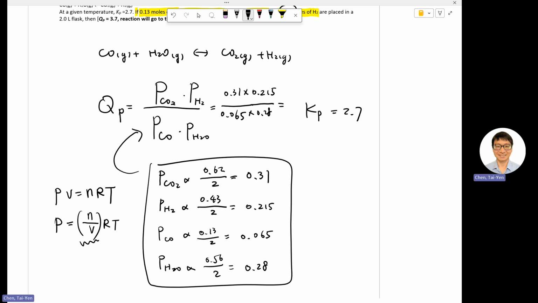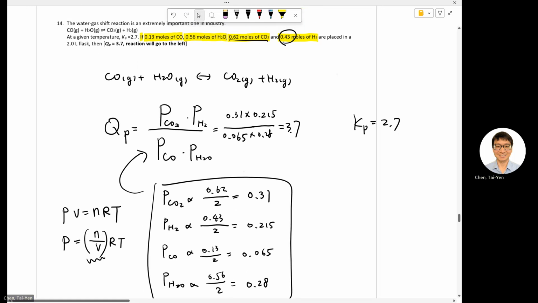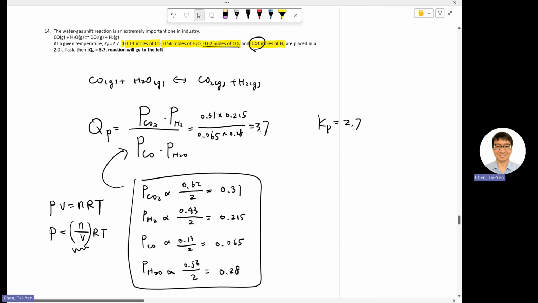After you do that calculation, you're going to get a value of 3.7. So now you have your QP is 3.7, right? And then your KP is 2.7.